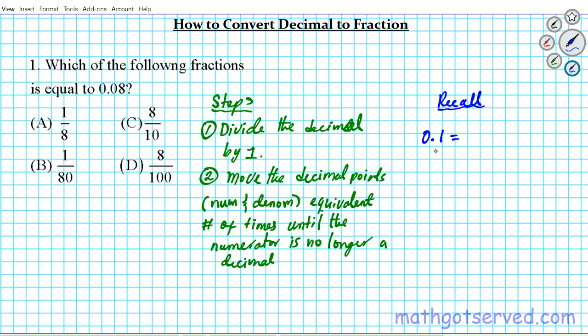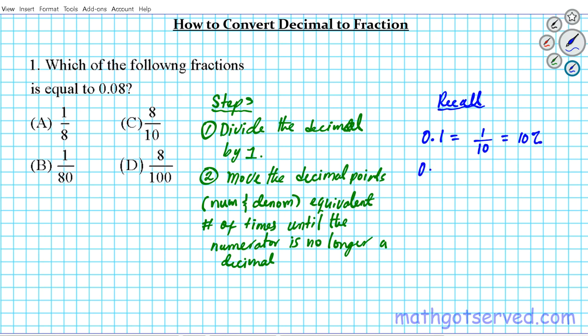So if you want to convert this into fractions, you divide it by 1, and in order to get your decimal point in the numerator to an integer, to a non-decimal, you have to move it to the right one place. So you're going to have 1 over 10. Okay, so 0.1 is 1 over 10 or 1/10, and that's the same thing as 10%.